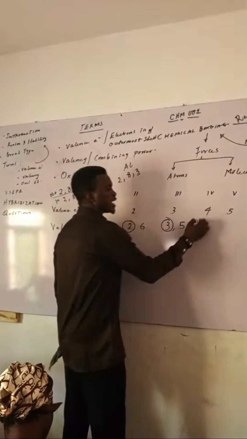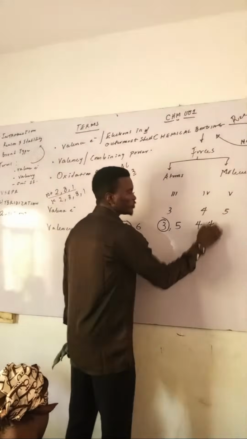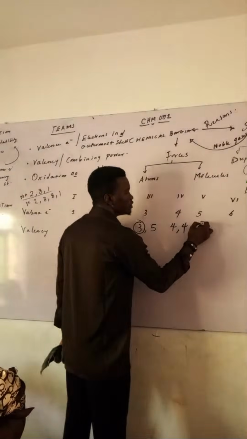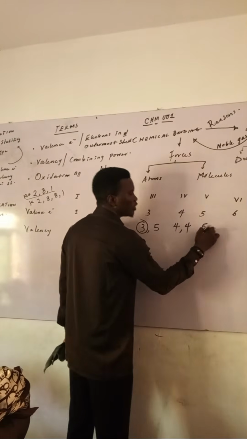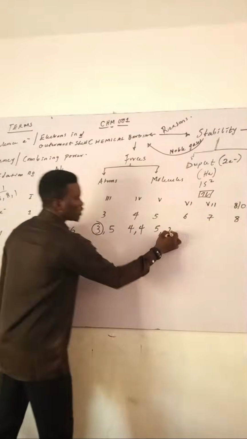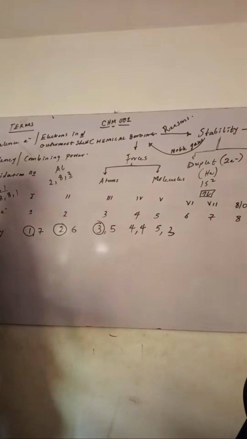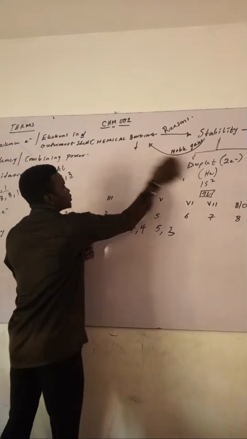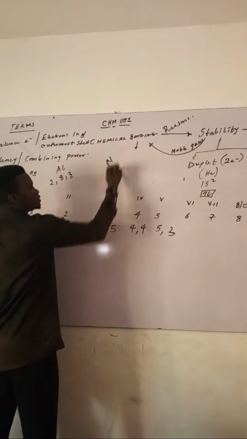Group 4, they can either lose 4 or gain 4. This one can either lose 5 or gain 2, or gain 3. For this one now, do you think they will prefer to lose 5? Let me draw an example. Nitrogen.